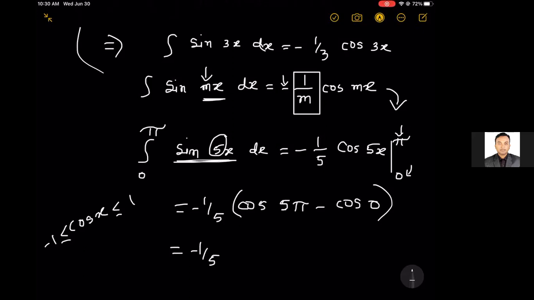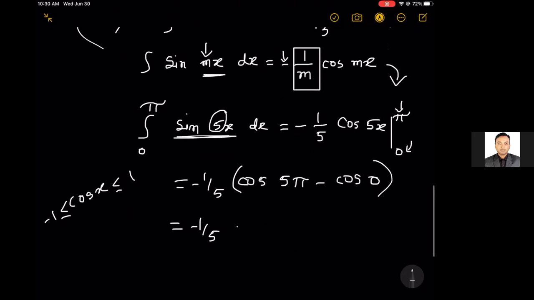So I know the value precisely, so I can straight away plug it in, which is -1 for 5 pi. For any odd multiple of pi, it would be -1. So it's -1 minus, what's cosine 0?